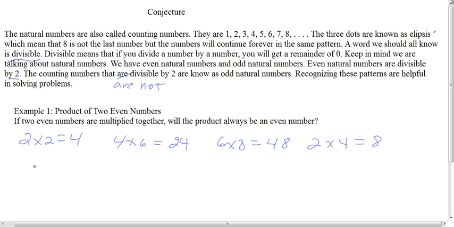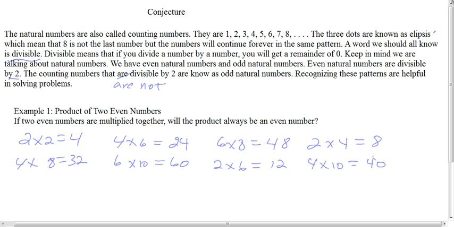Let's take 4 times 8, and that equals 32. So far we're doing okay, right? Let's take 6 times 10, that equals 60. Let's take 2 times 6, that equals 12. Let's take 4 times 10, and that equals 40.